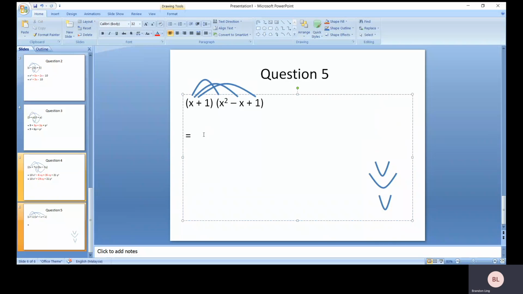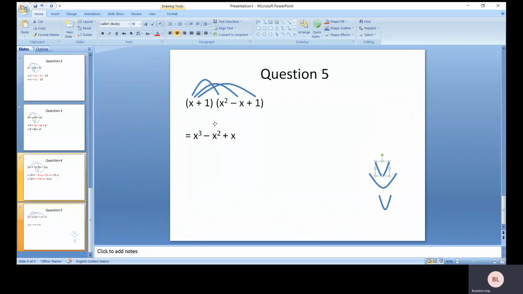So x times x squared, you get x cubed. x times negative x, you get minus x squared. x times 1, you get positive value of x.